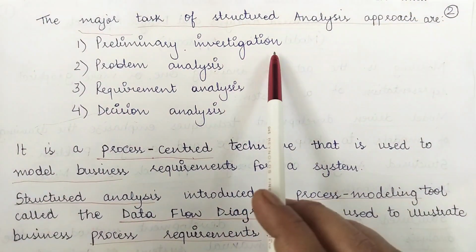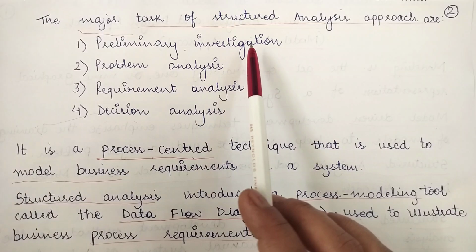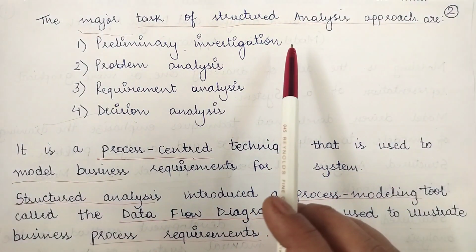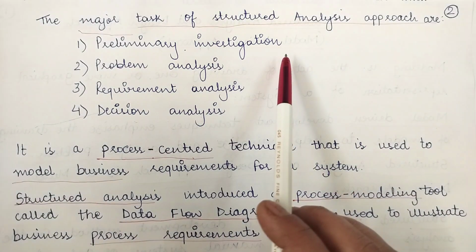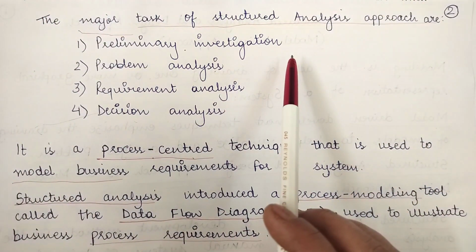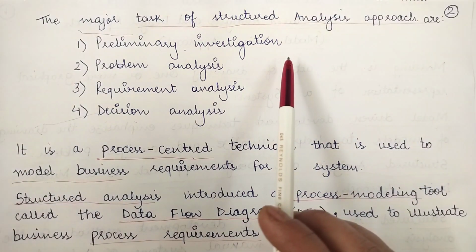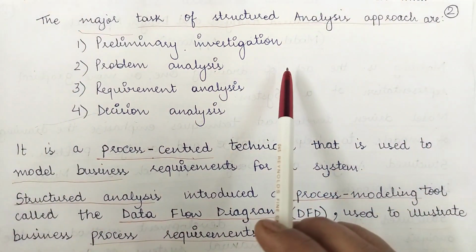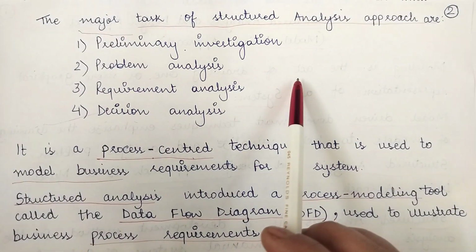The third method of preliminary investigation is conducting interviews. When the system analyst conducts interviews, he is investigating the various employees of the organization who will be using this system. It involves questioning the concerned personnel to get the client view about the system and the features that they wish to have in the proposed system.